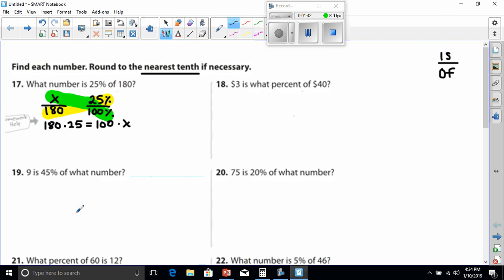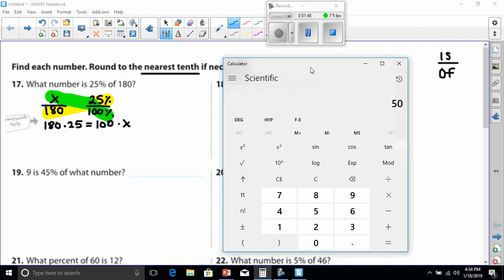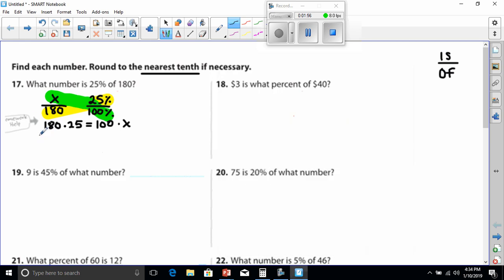Well, now it's time to go ahead and get our calculator working, and we see that we've got 180 times 25, and that's going to equal 4,500. Now that has to equal 100x, because 100 times x is 100x.